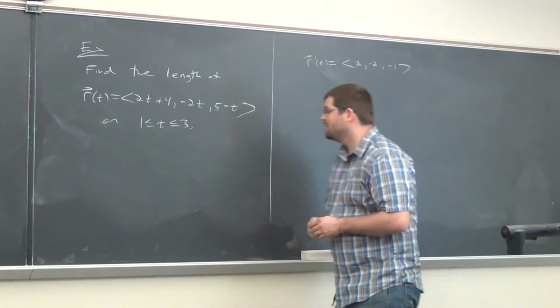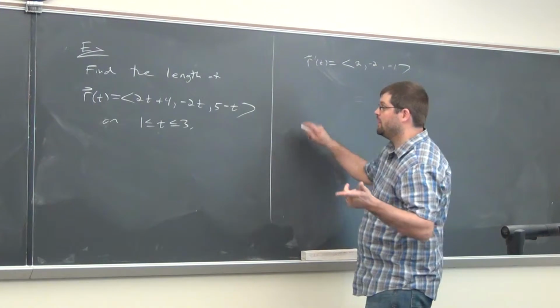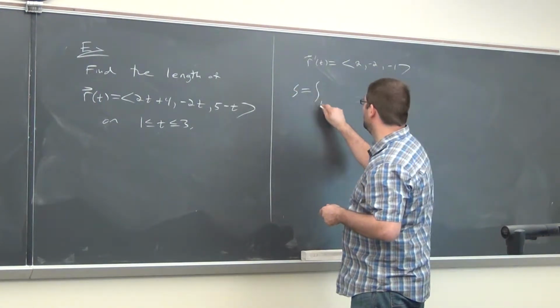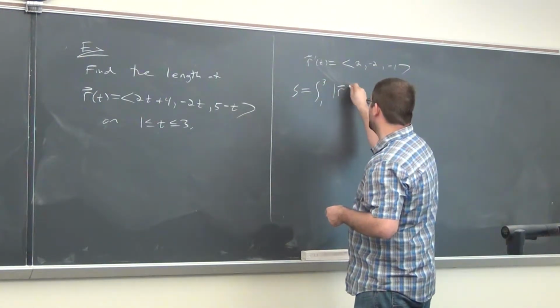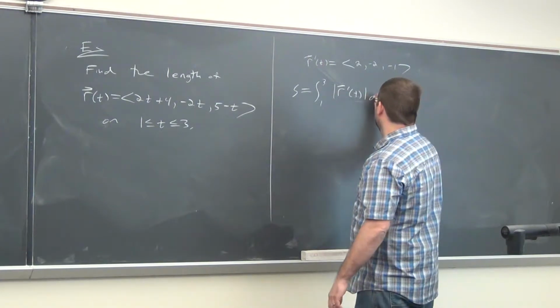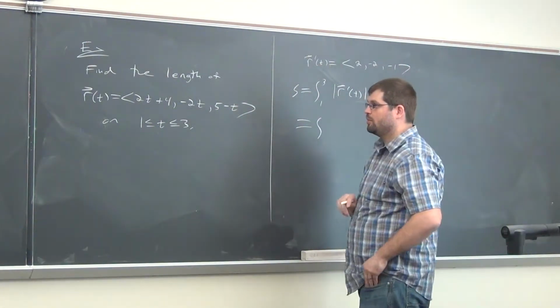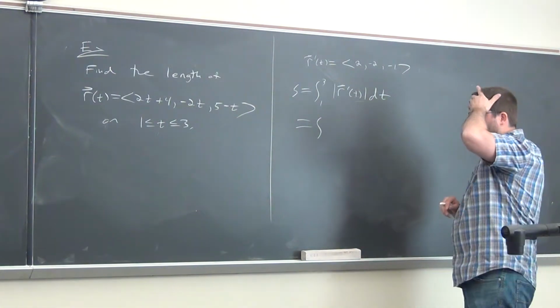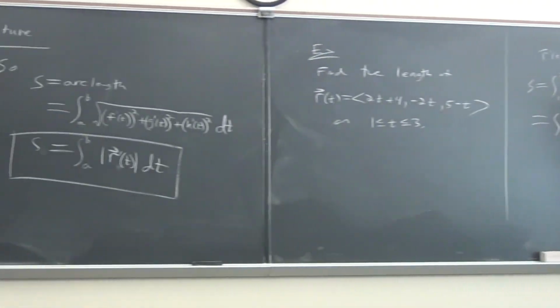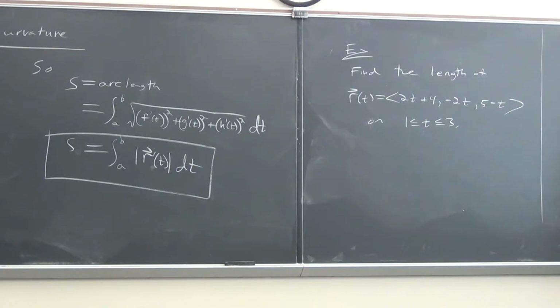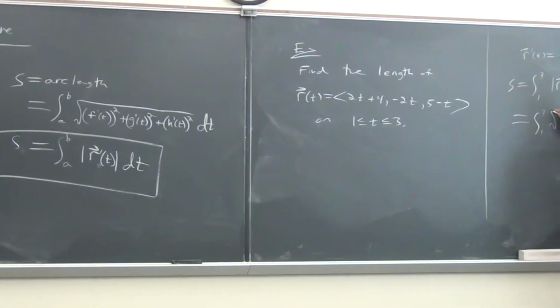So we get this, and then arc length will just be the integral from 1 to 3 of the magnitude of that vector. And again, you can memorize it as the other formula, the integral of the square root of f prime squared plus g prime squared, and so on, but I'm not going to bother.